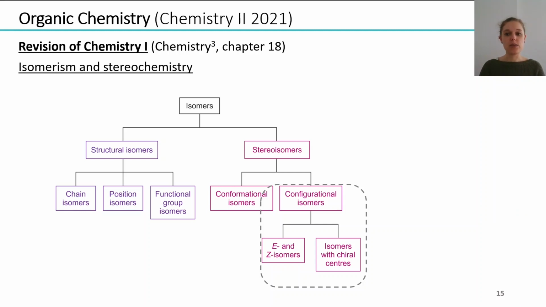So we can have two substituents which are either on the same side of the double bond or on the opposite side of the double bond. The two isomers can then be separated from each other, and they have different physical properties. Some of the configurational isomers even have different chemical properties.